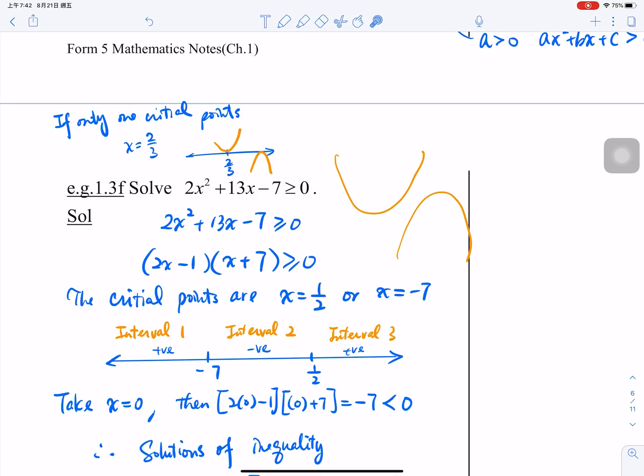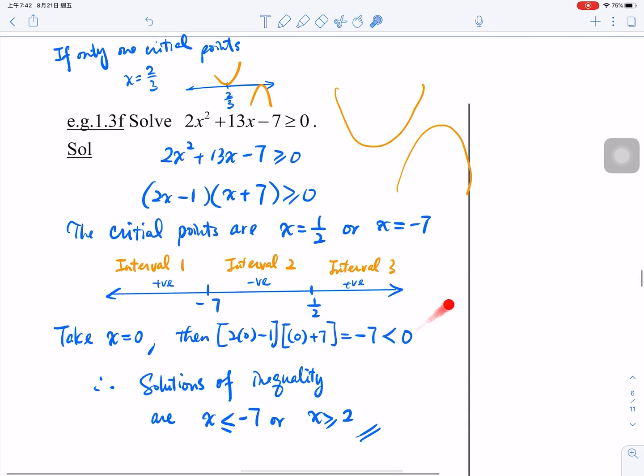Then it's not good for solving quadratic inequalities. So if you have two critical points, then this is a method to help you find the solution. Otherwise, you can still find the solutions by checking the sign of the intervals. Understand?